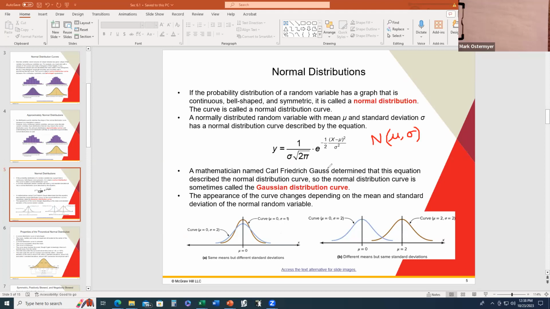So notice that we do have a constant being multiplied by base e. Base e is the natural base in mathematics. It's approximately 2.718. It is an irrational number in the sense that this decimal rambles on forever, never terminating or repeating.